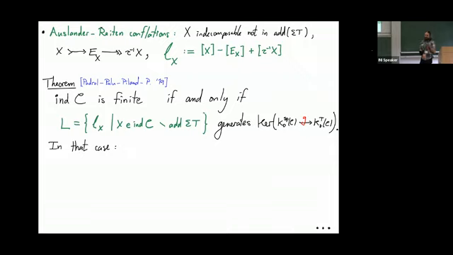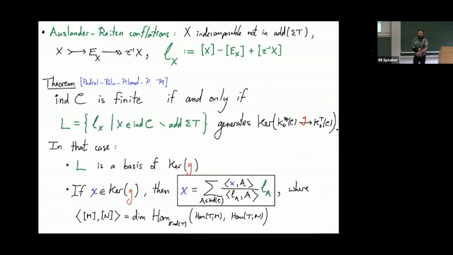I've said in a different way what's written on the board. It's an if and only if, so it's a way to detect categories that only have finitely many indecomposable objects. In that case, you can say more. The set of Auslander-Reiten sequences is a basis of the set of relations, the kernel of G. That's a free abelian group, so I mean a basis as a free abelian group.